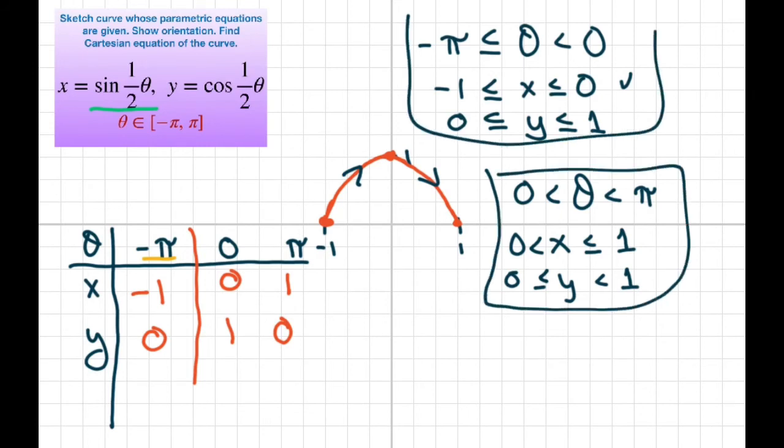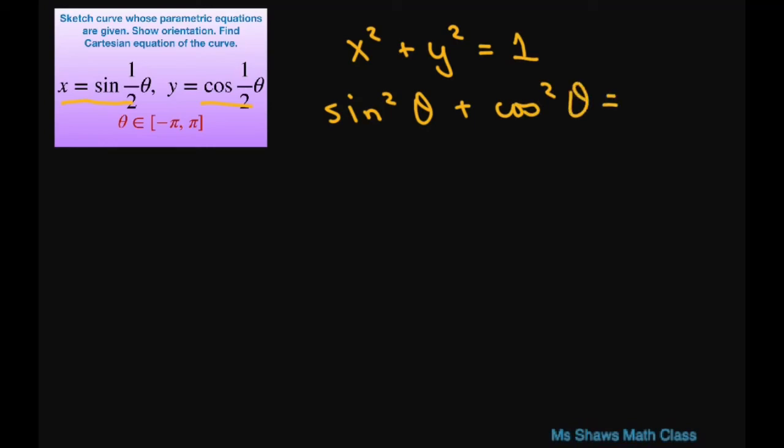Now let's write our Cartesian equation of the curve. Since we have sine and cosine, let's note that x squared plus y squared is going to equal 1. Or you can note that sine squared of theta plus cosine squared of theta equals 1.